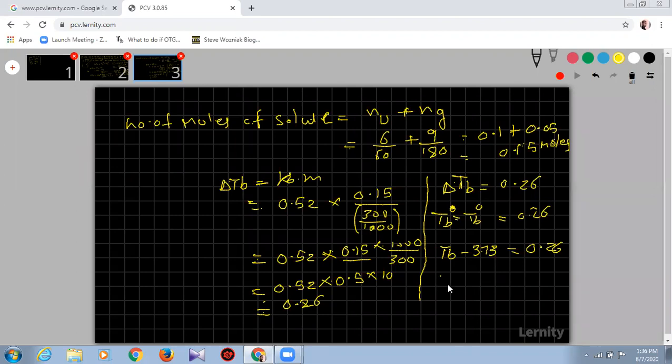Then TB is 373 plus 0.26, that is 373.26 Kelvin. In degrees centigrade, it will convert to 100.26 degrees centigrade.